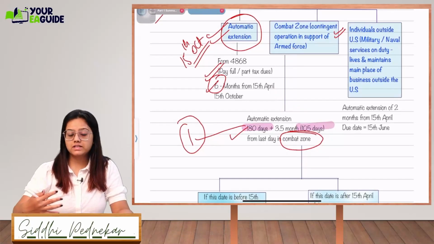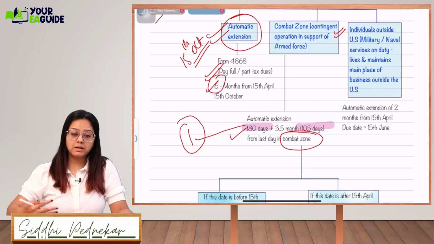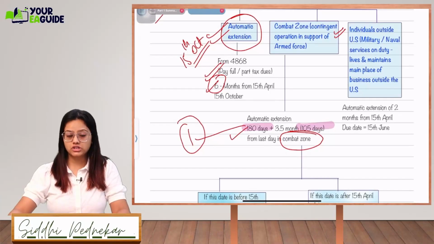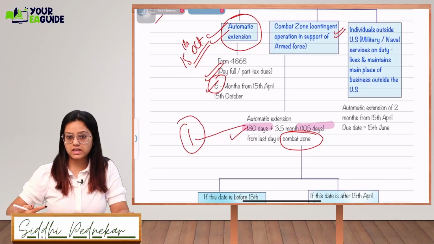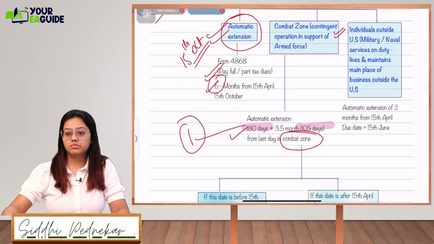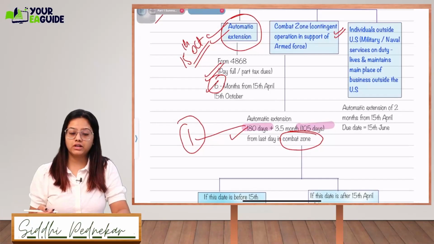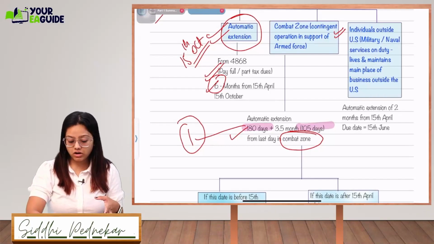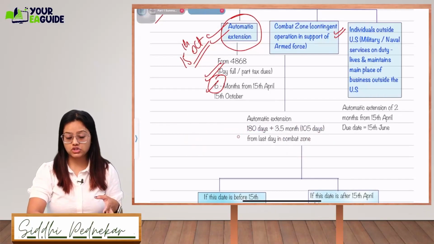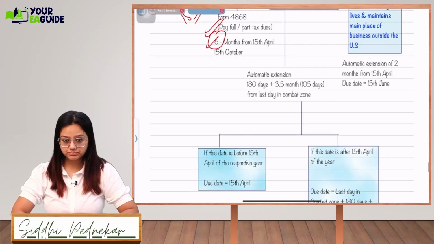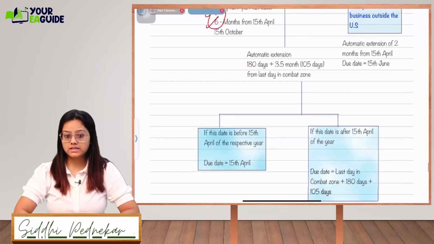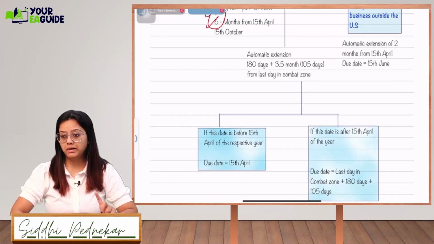Let's say their residence state is California, but they might be placed at some other location, at Atlanta for example, for providing services for the armed forces. So for them, they have one more benefit, that they can take an extension. Along with this 180 days, they can take an extension of 105 days. But the thing here is how you're going to calculate, the main thing is the calculation.